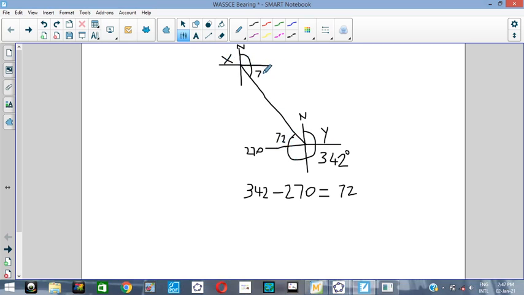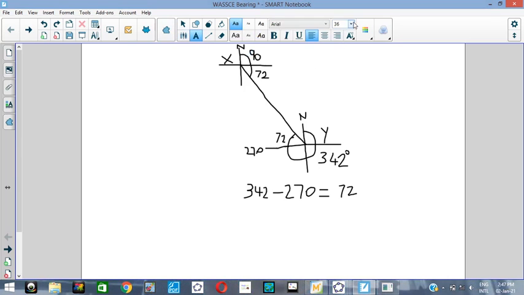So this is alternate angle. 72 is also equal to this place. If they are equal, what do I need next? This is 90 plus 72, and that will give us the bearing from X to Y. So that is the result now.